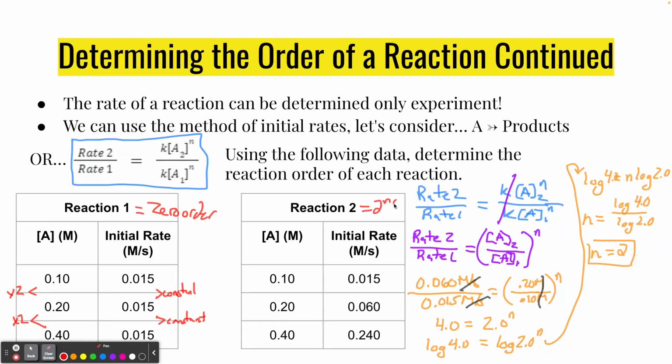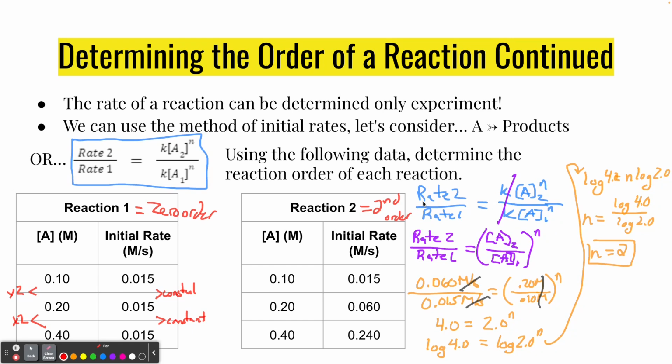Now, guys, truthfully, what preference do I have when I am doing these problems? For me, it's very easy to see when I have a reaction in first order or a reaction in zero order.